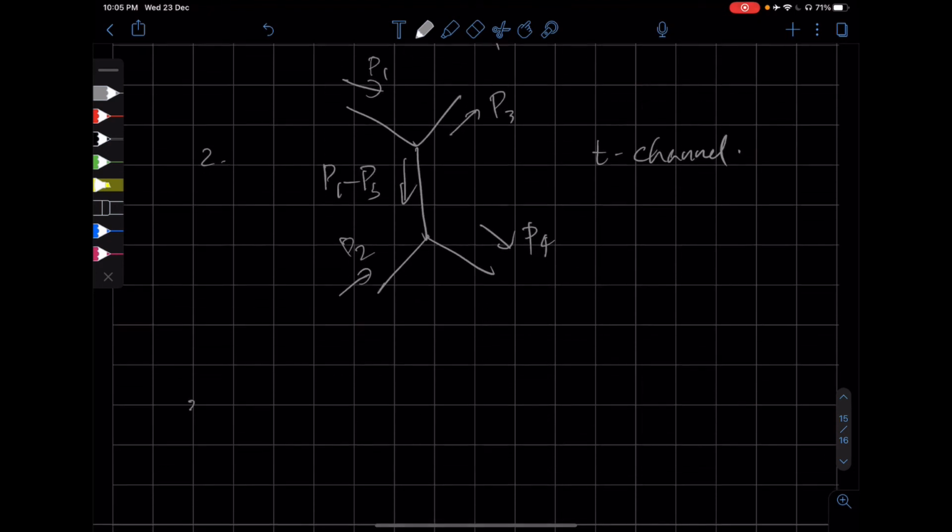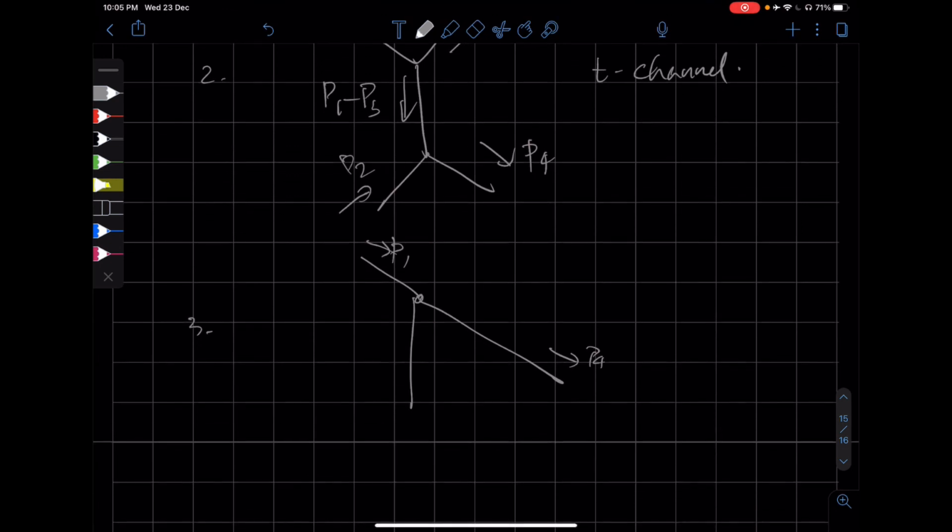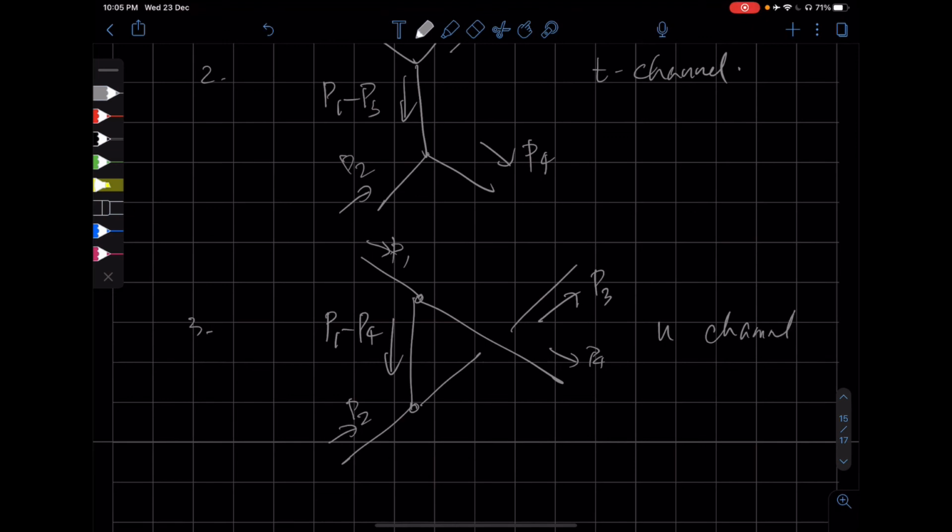And lastly, we have P1 coming in, and then from the same vertex, P4 going out, and over here we have P2 coming in, and in this direction we have P1 minus P4, and from here we have P3 going out. And this is known as the U channel diagram.